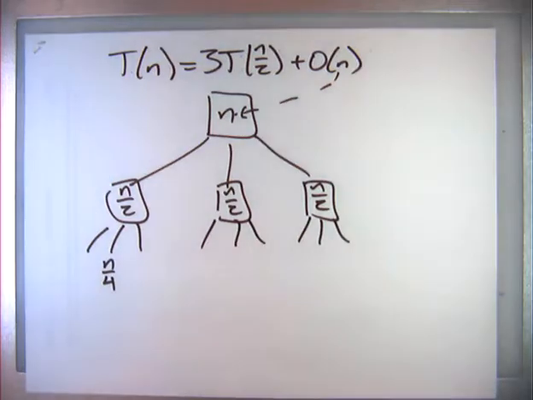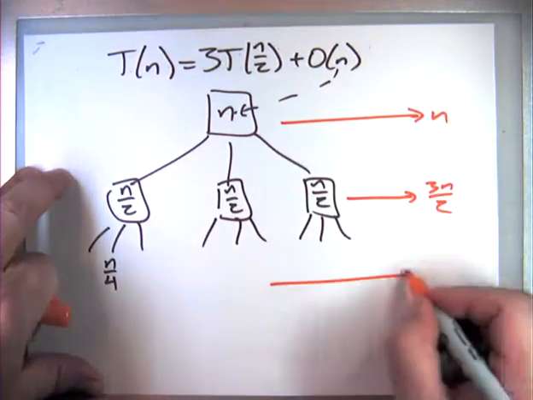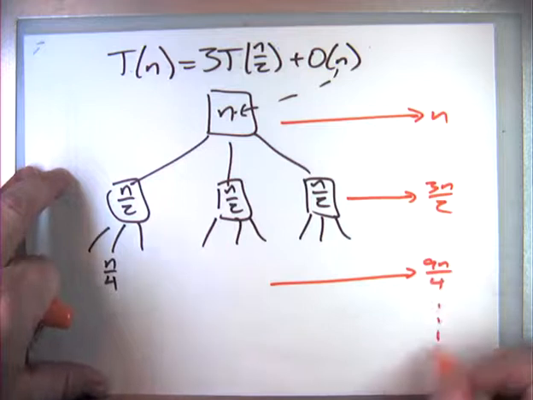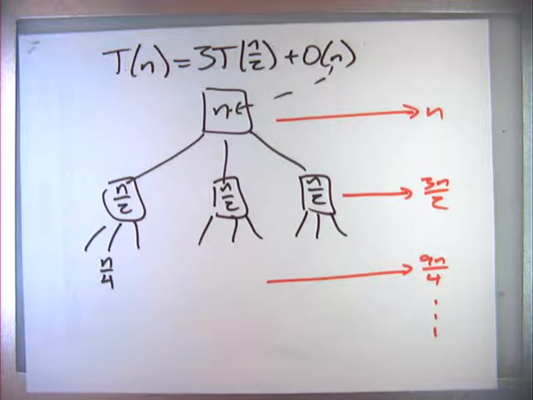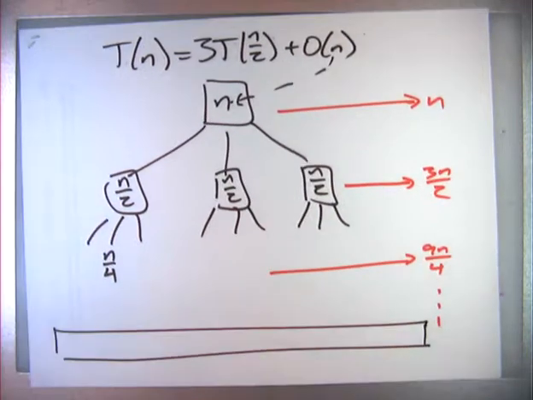If I add up row by row, you'll notice every row is 3 halves, is 50% bigger than the row above it. I have an ascending geometric series. So in this instance, all the work is actually going to be done down at the bottom of the tree. Right? Down at the leaves, this is the only term that actually matters.